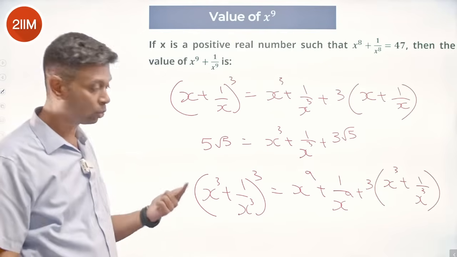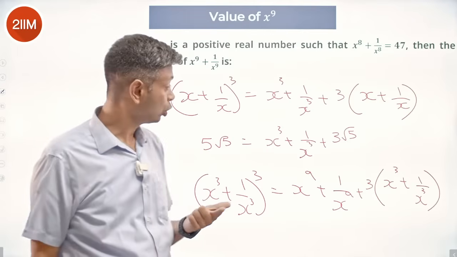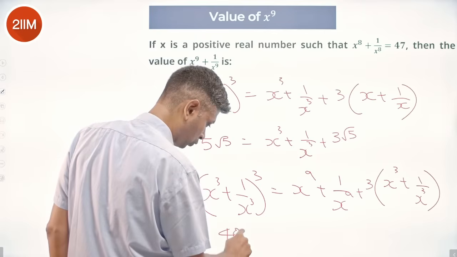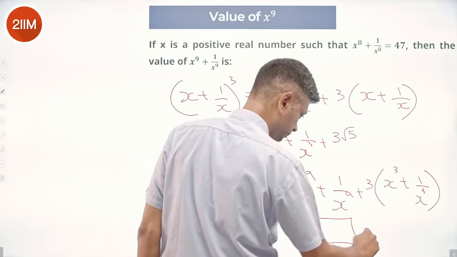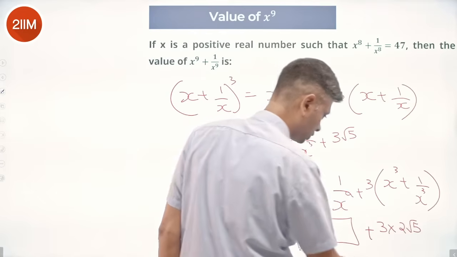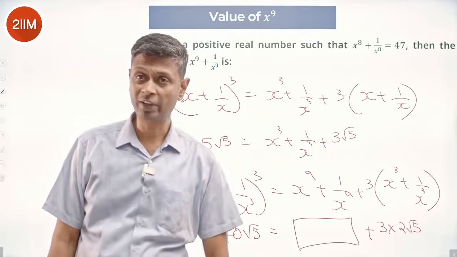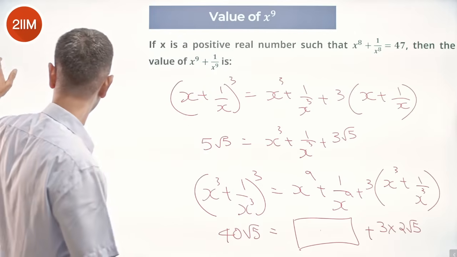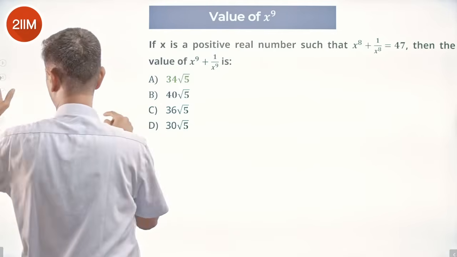So 2 root 5 into 2 root 5 into 2 root 5. 2 root 5 into 2 root 5 is 2 into 4, 4 into 5, 20. 20 into 2 root 5 is 40 root 5, equals what we need to find, plus 3 times 2 root 5. 3 times 2 root 5 is 6 root 5. 40 root 5 is something plus 6 root 5, so this something is 34 root 5. Hopefully that's there among our choices. Yes, it is there. That is the right answer.